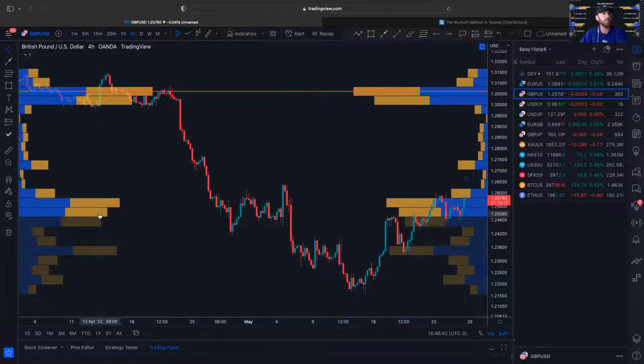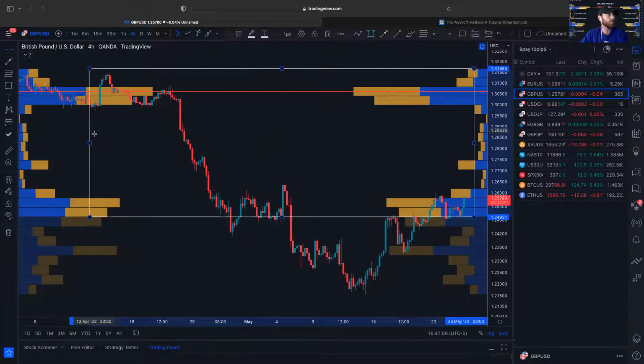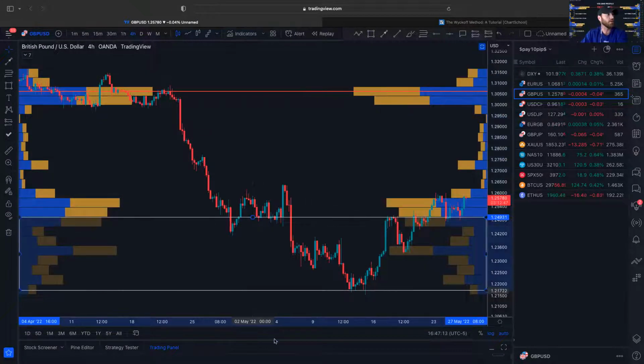So what does that mean, right? Why is this one shaded and this one darker, or lighter, I guess? This area here is the low volume or low value area. And it basically just means that out of all of this here, 70% of the volume is up here, and only 30% is down here.